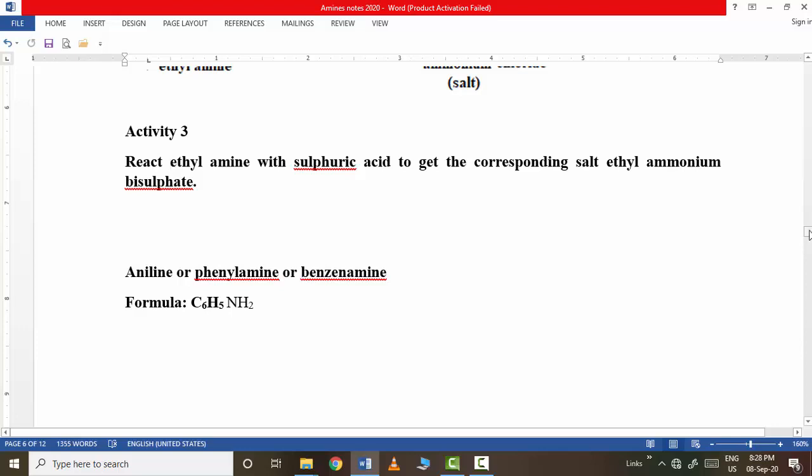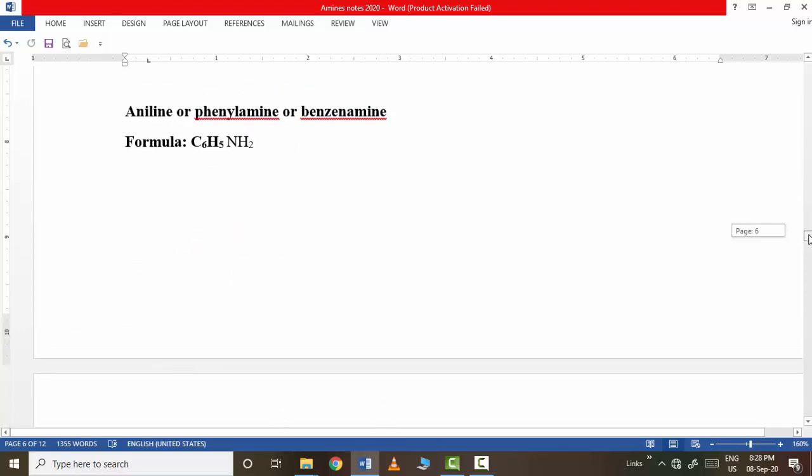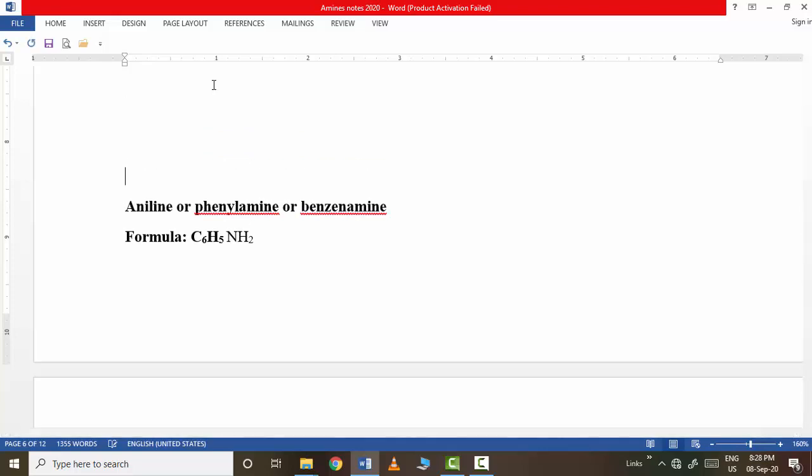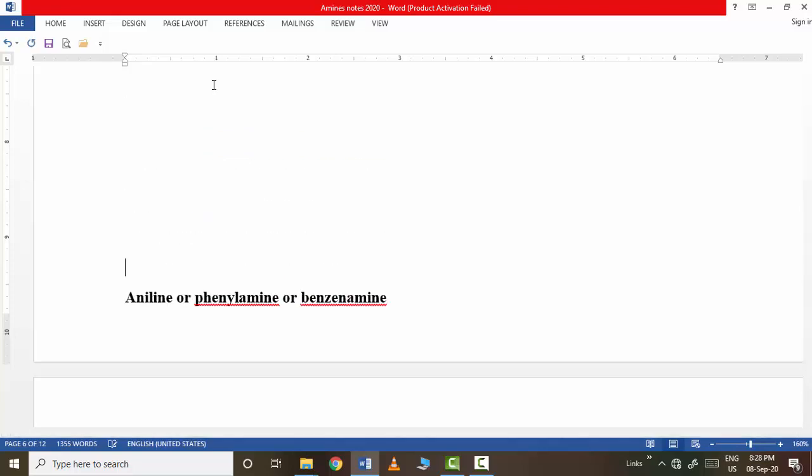Now we have the last one, that is aniline or phenylamine, also known as benzenamine, the IUPAC name. The formula is C6H5NH2. We'll shift to the next page together. It will be easy.